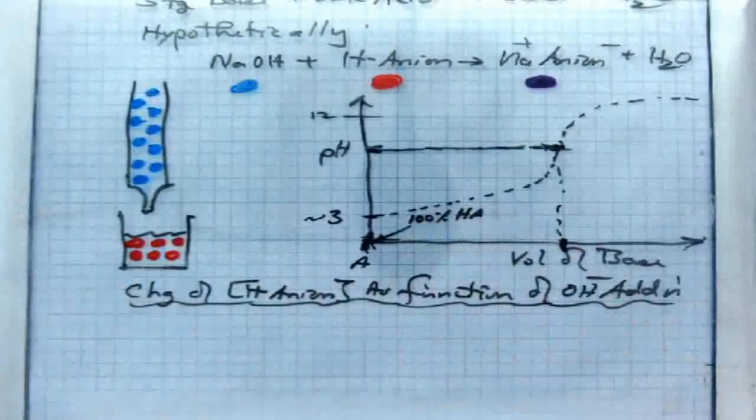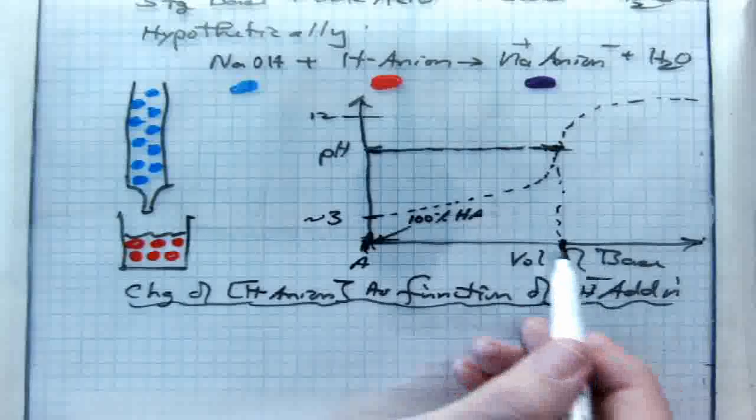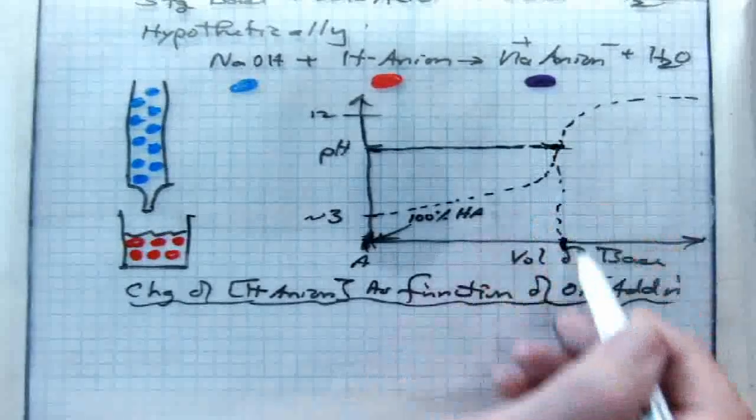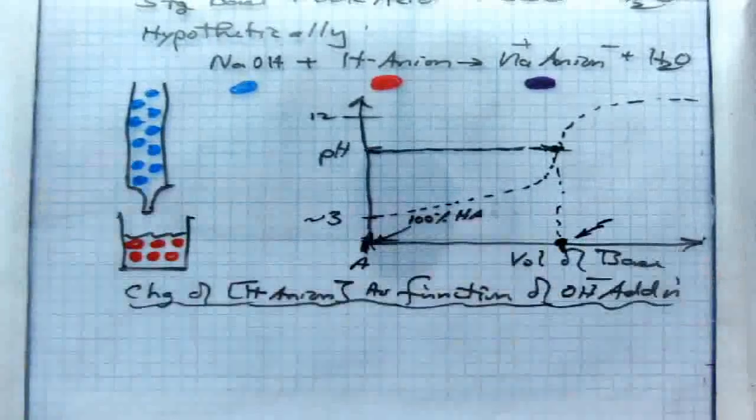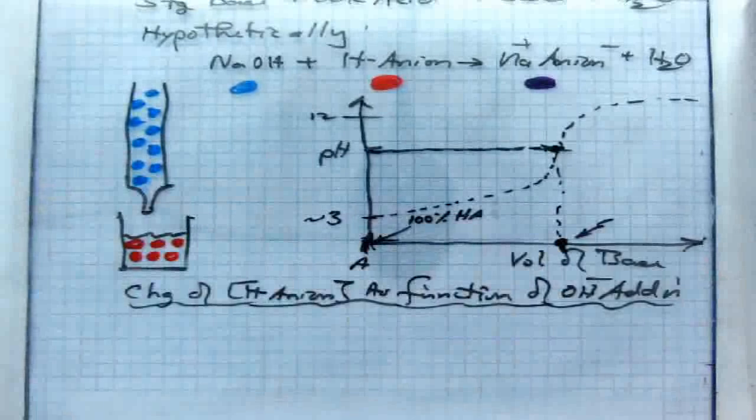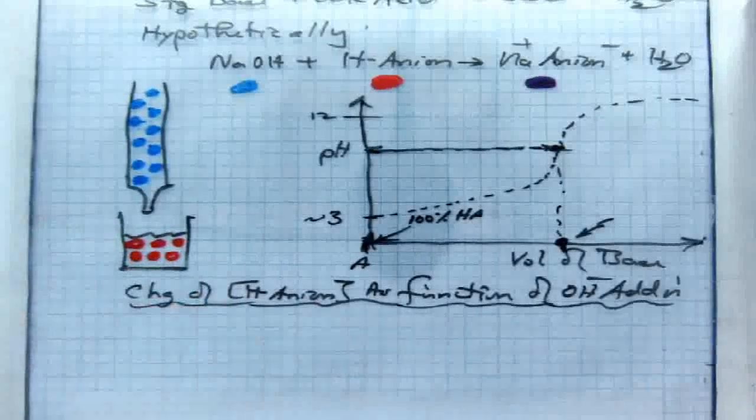So what happens at B? You make that point B right there. What happens between A and B as you add the base into the acid? Well, of course, we open the stopcock and we put some of the base in.